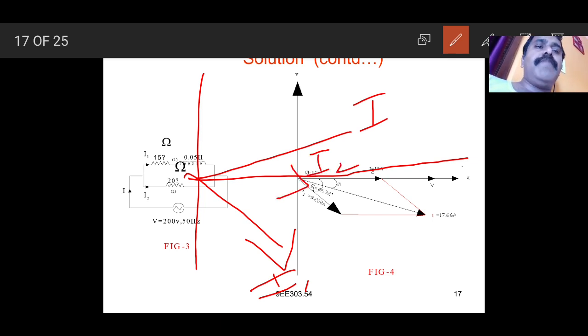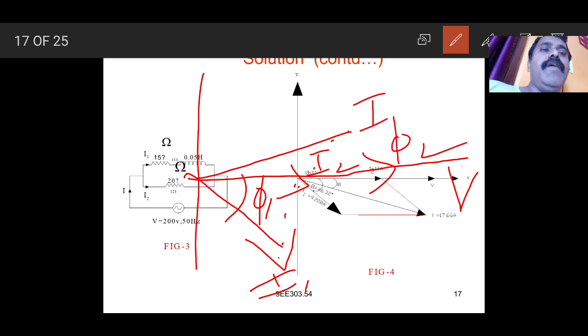Here only resistance is connected. Here we are considering the voltage, phi 1 and phi 2, where the current I2 is in phase with the voltage V, because only the resistance is connected in the second branch, whereas in the first branch the resistance and the inductance are connected. Here the inductance is connected, which means the current I1 lags the voltage by some angle phi 1. So this is the phasor diagram given.